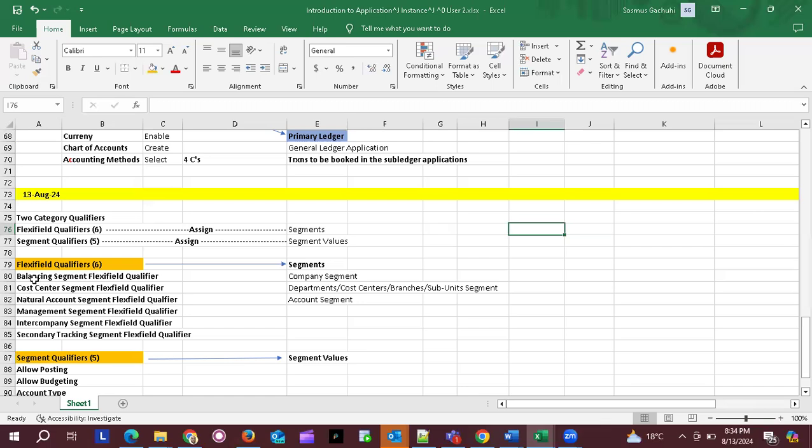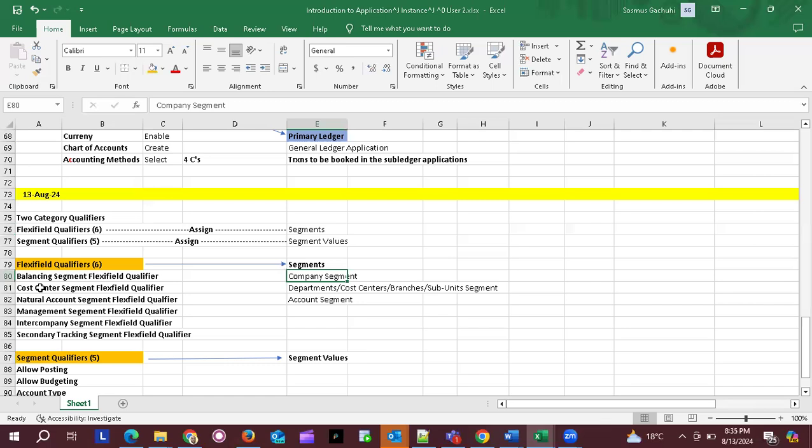I have explained we usually assign the balancing segment Flexfield qualifier to company segment, cost center segment Flexfield qualifier to departments, natural account segment Flexfield qualifier to account segment, because we work with the characteristics that they have under these segments.